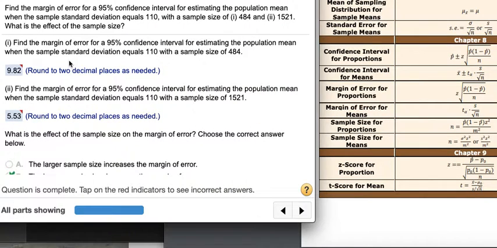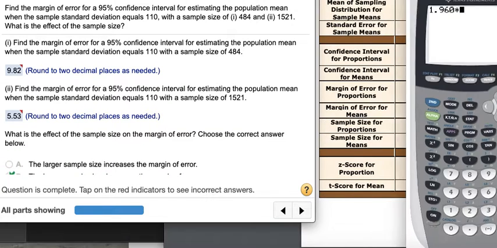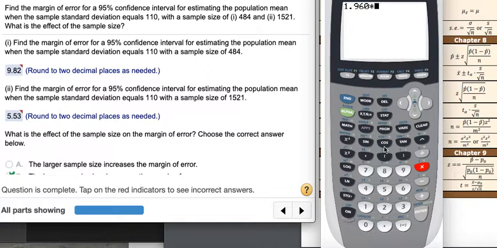Our s was 110, so times 110, and then divided by the square root of n, which is our 484. I bet that happens to be a perfect square, and we get 9.8 exactly.